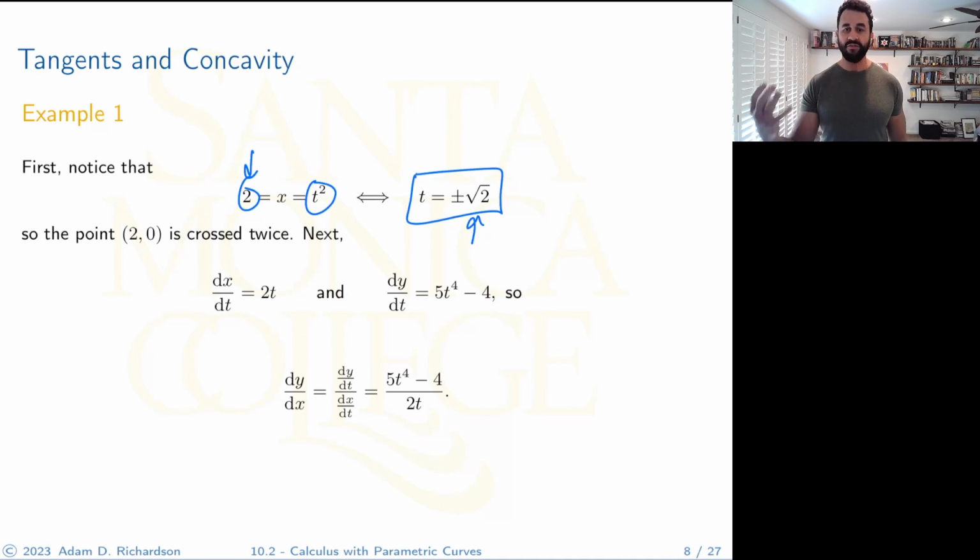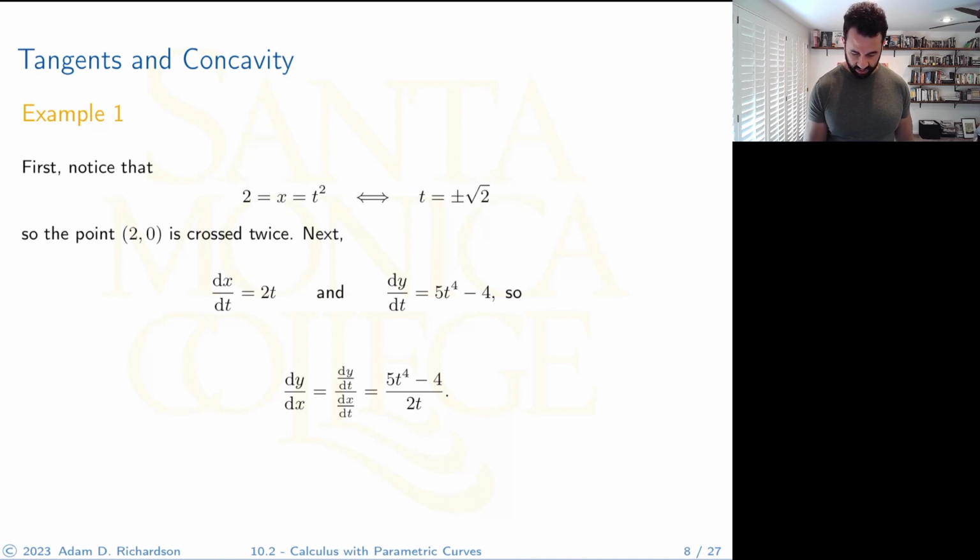All right, now if we want to find the slope of those tangent lines, or just the slope of the tangent line anywhere, we use that formula for dy/dx right here, this one. Okay, so what is dx/dt? Let me clear some of this junk out. Differentiate that with respect to t, and you get 2t.